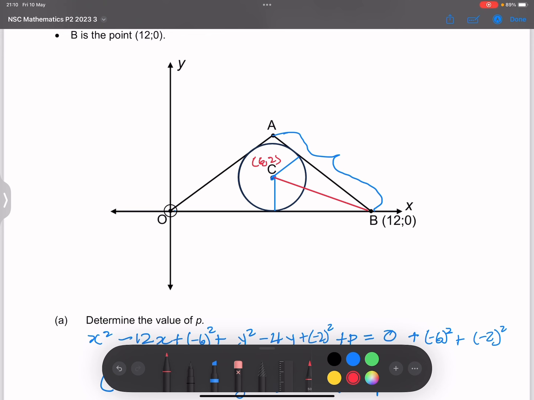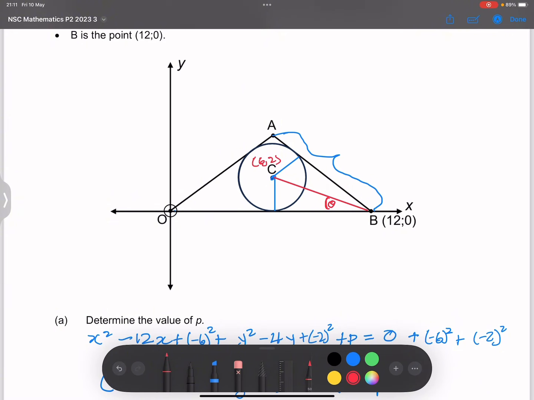Now, would you agree with me that if I could find the gradient of this line, I'd be able to work out the angle, theta?